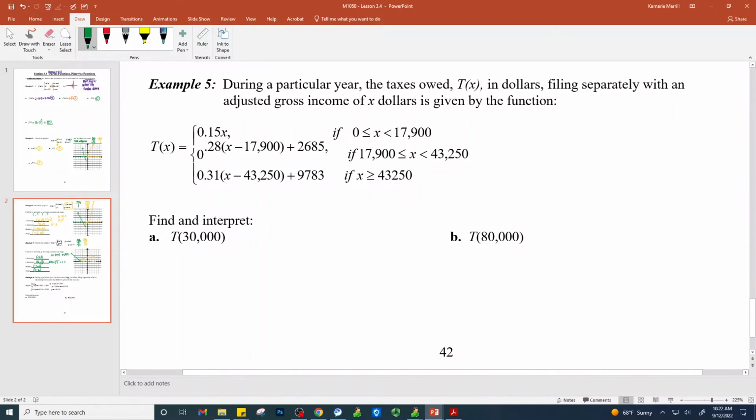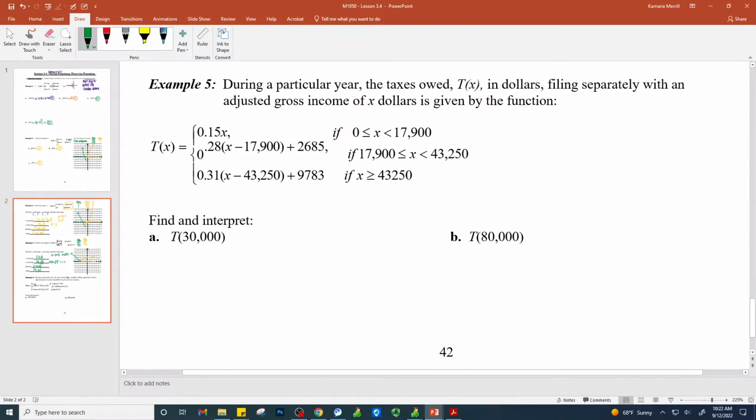So what it's saying is during a particular year, the taxes owed T, filing separately with an adjusted gross income of X dollars is given by the following. And this is actually real life. In real life, there's different percentages.